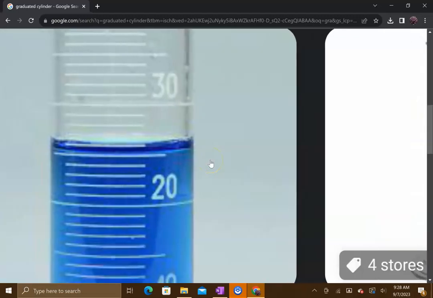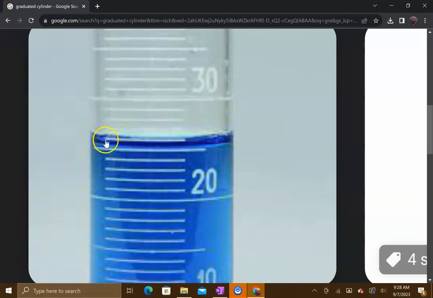Now, the next thing that's important about this is how we go about measuring. So if you look at this picture here, you can see it's not a straight line across. You can tell that just because of the actual line itself here. And if you notice that this goes between 20 and 30 milliliters, so this goes up by 1, 2, 3, 4, 5, 6, 7, 8, 9.